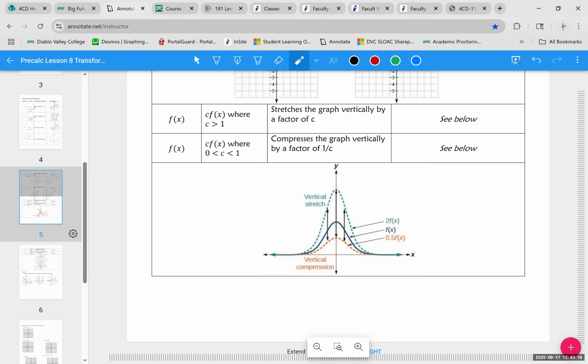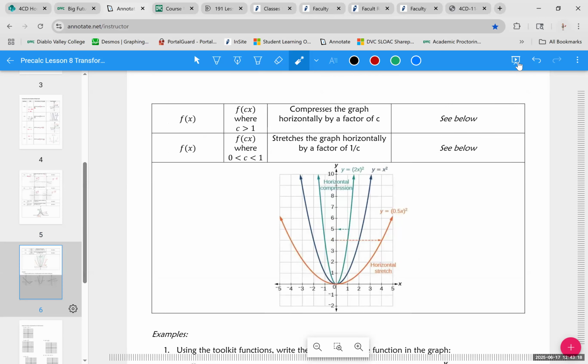That would be for vertical, and horizontal is the same idea, only now you're multiplying the x instead of multiplying the y. So a great way to see this is, here's my standard parabola x squared. If I put inside where the x was, now I multiply it by a number.